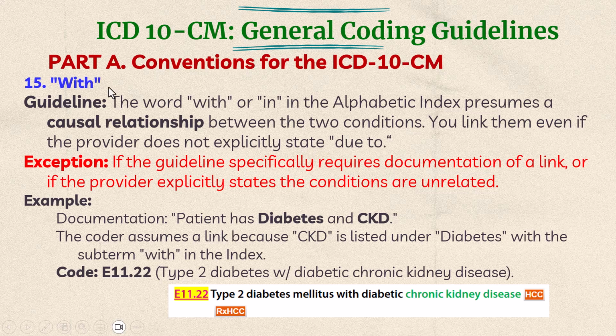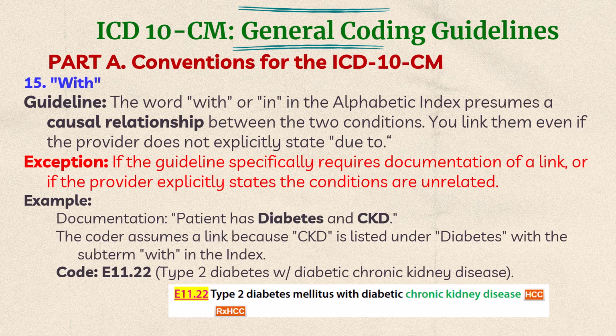Number 15, with. The word "with" in the alphabetic index presumes a causal relationship between the two conditions. You link them even if the provider does not explicitly state "due to". The guideline requires that the provider does not explicitly state the conditions are unrelated; if they do, then you have to exclude the link. For example, documentation says patient has diabetes and chronic kidney disease.